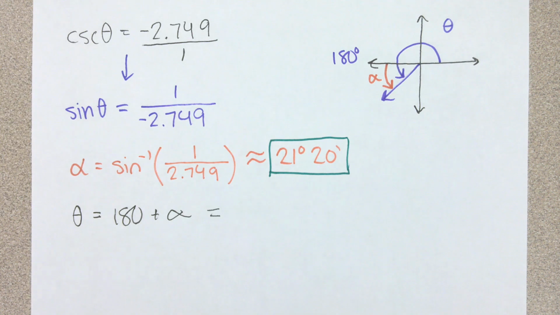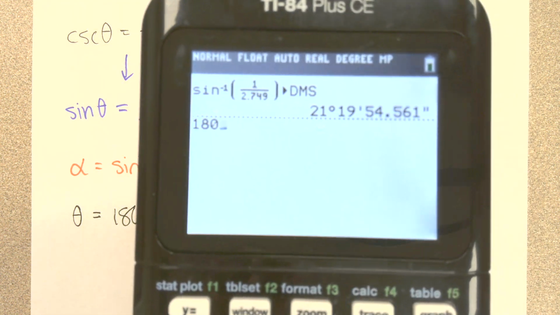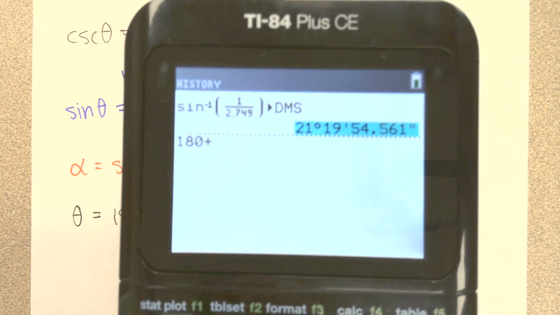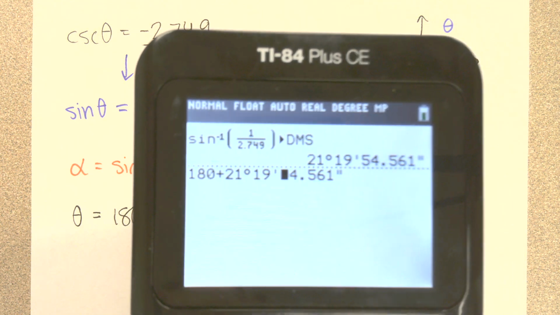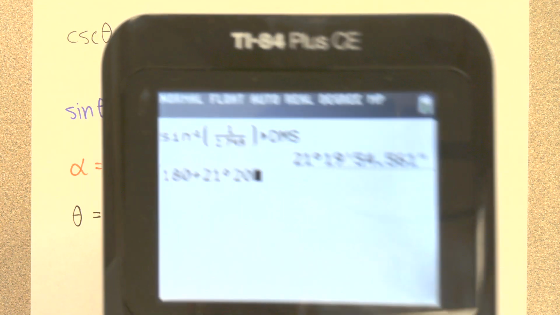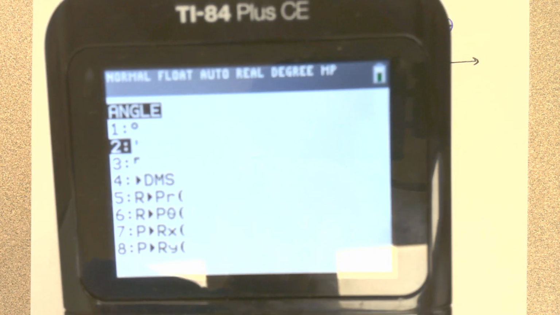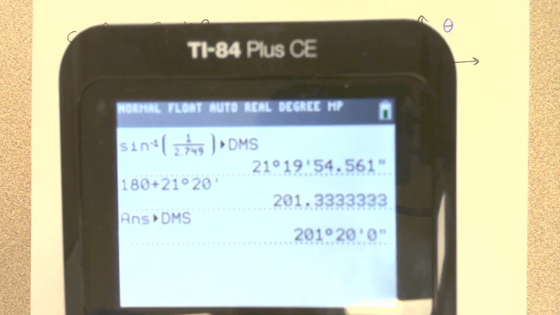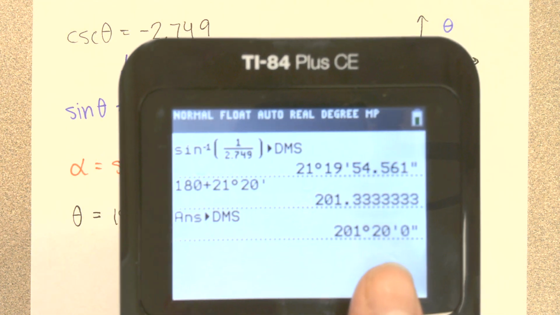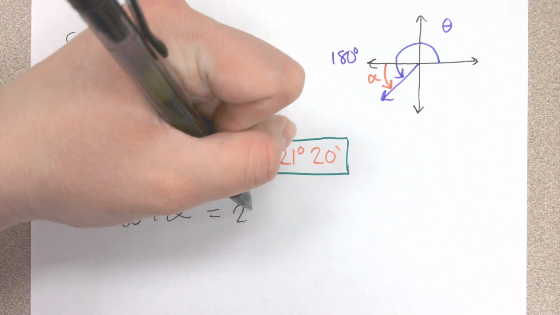And again, I'll just do that in my calculator. And then convert. 201 degrees, 20 minutes.